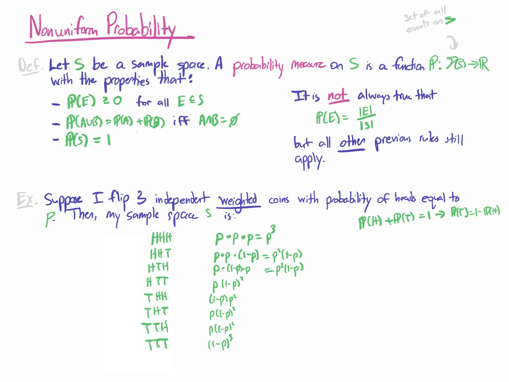So non-uniform probability allows us to move just farther beyond the setting of uniform probability. We can consider more kinds of events. We don't have to restrict ourselves to events where every different kind of component outcome is equally likely.